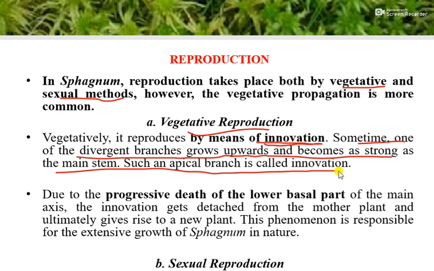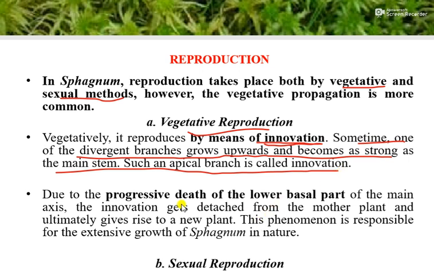Now, how does the vegetative reproduction take place? First method is that one of the divergent branches will grow upward and will become as strong as the main stem. That branch is known as innovation. Now what will happen?